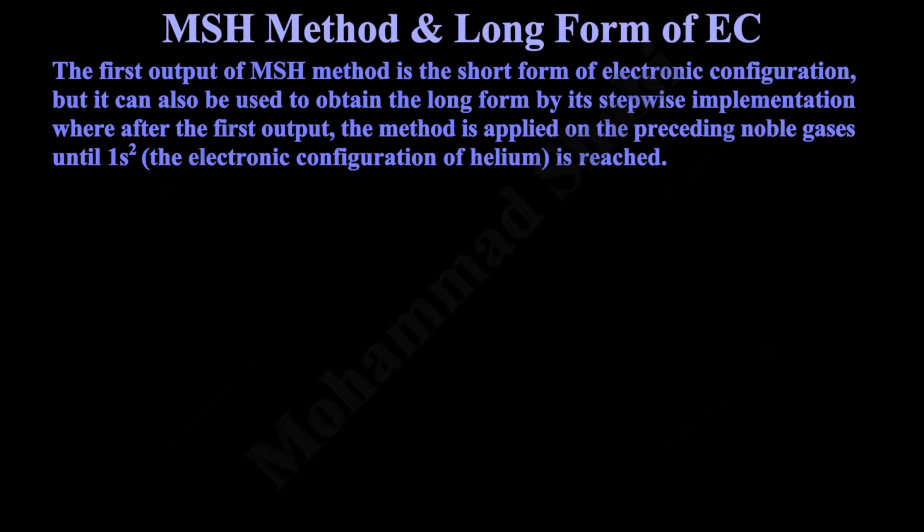after the first output, the method is applied on the preceding noble gases until 1s2, or the electronic configuration of helium, is reached. For example, the first output of the method for lead was its condensed electronic configuration, or xenon 4f14, 5d10, 6s2, 6p2.